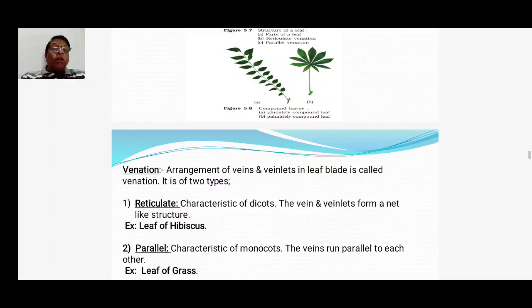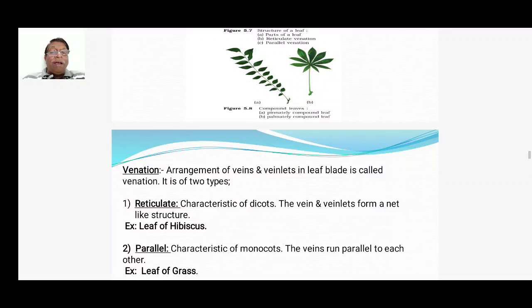In case of monocots, the veins run parallel to each other. They do not form net-like structure. Such an arrangement is called parallel venation.